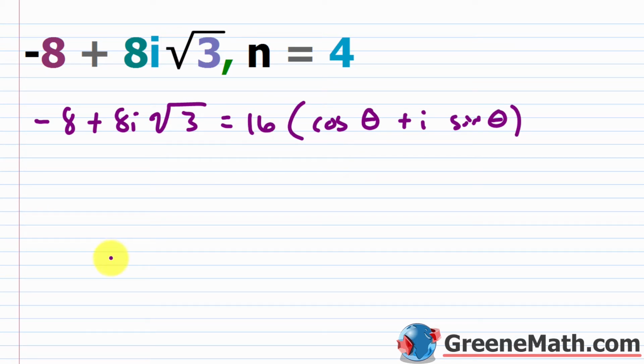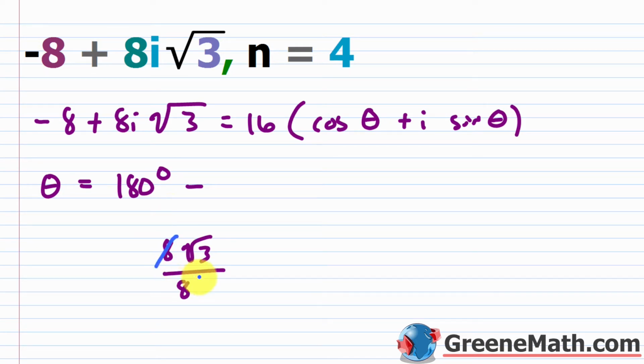Then for theta, it's going to be where? The real part is negative, so I'm going to the left. The imaginary part is positive, so then I'm going up. So from the origin, if I go to the left and I go up, I'm going to be in quadrant 2. So let's say that theta will be equal to 180 degrees minus my reference angle. And the reference angle here, let's go 8 times square root of 3, and I'm going to divide that by, forget about the negative, let's just do 8.